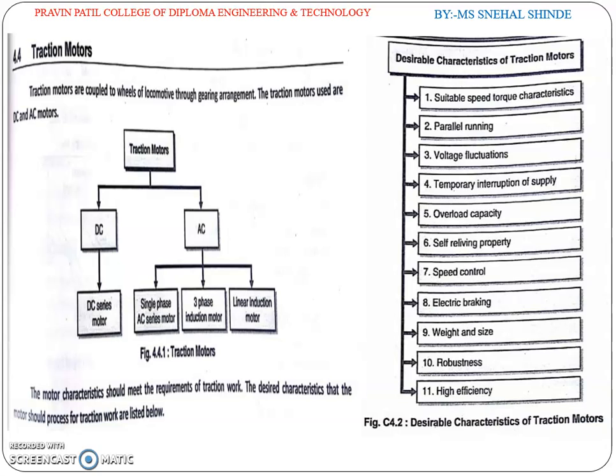Second characteristic of traction motor is the parallel running. In traction work, usually more than one motor operates at a time. Hence these motors should be capable of operating in parallel.